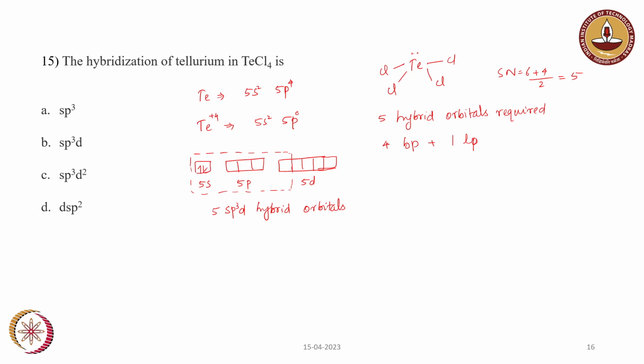So the lone pair will occupy the 5s-containing orbital, and the 4 bond pairs of TeCl4 will be present in the rest of the 4 orbitals. So the answer is option B, sp3d hybridization for TeCl4.